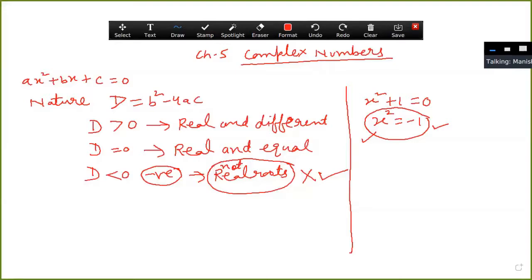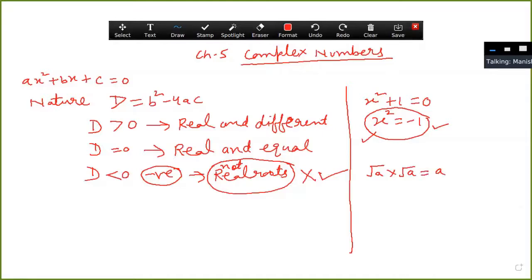Suppose you get under the root a into root a. As you studied, it is equal to a.